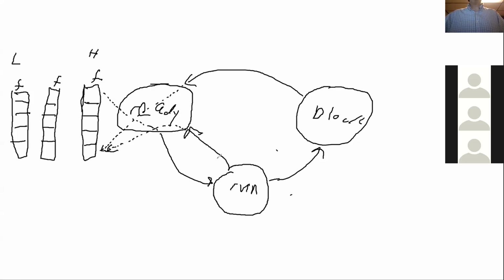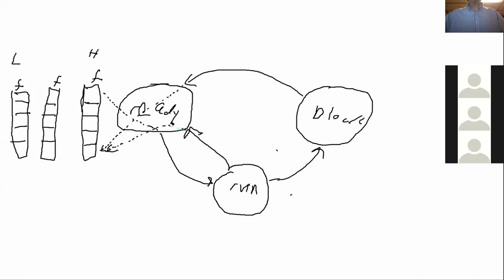If you came into the ready queue through here, that means you ran out your time quantum. If you ran out your time quantum, that's what we're thinking makes you a long running job, so you shouldn't go to the high priority queue.